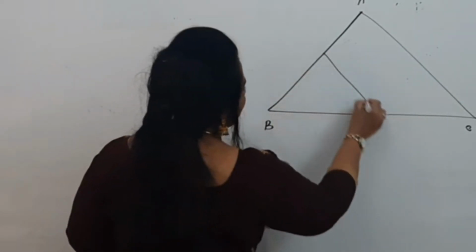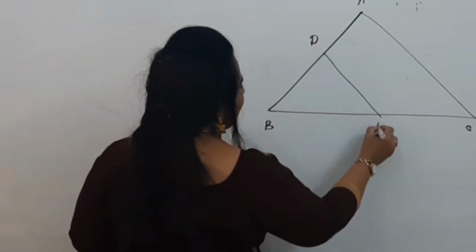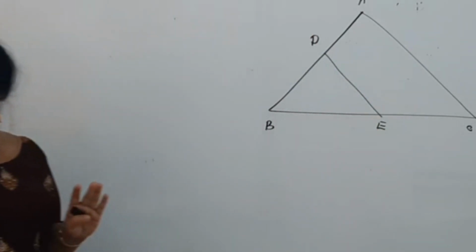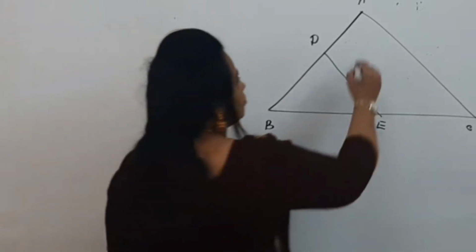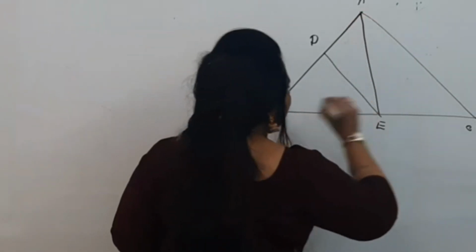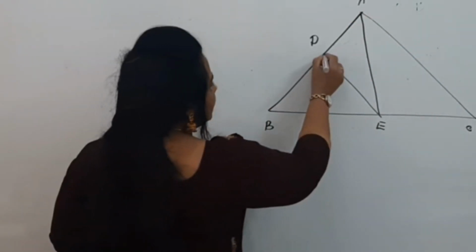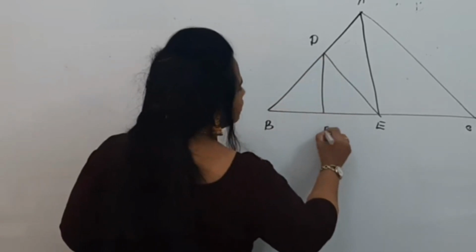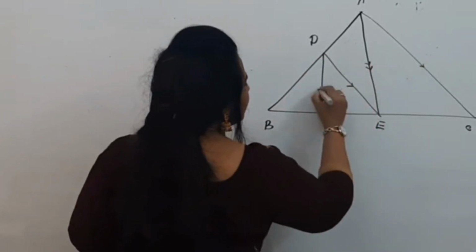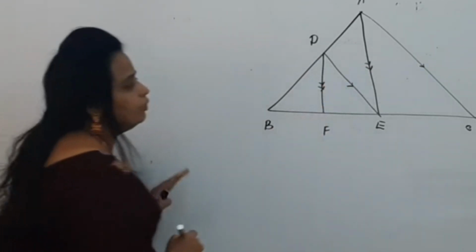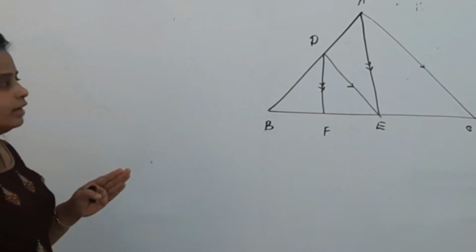So I have drawn DE parallel to AC. And then DF is parallel to AE. That means there must be AE, so I should have my AE first. And DF is parallel to this one, and this is parallel to this one. Hope you understand the diagram clearly.